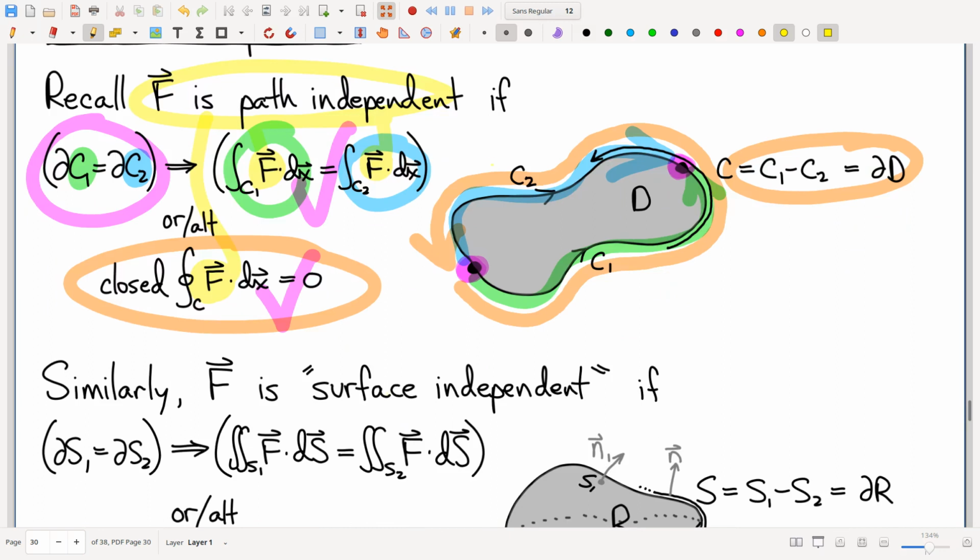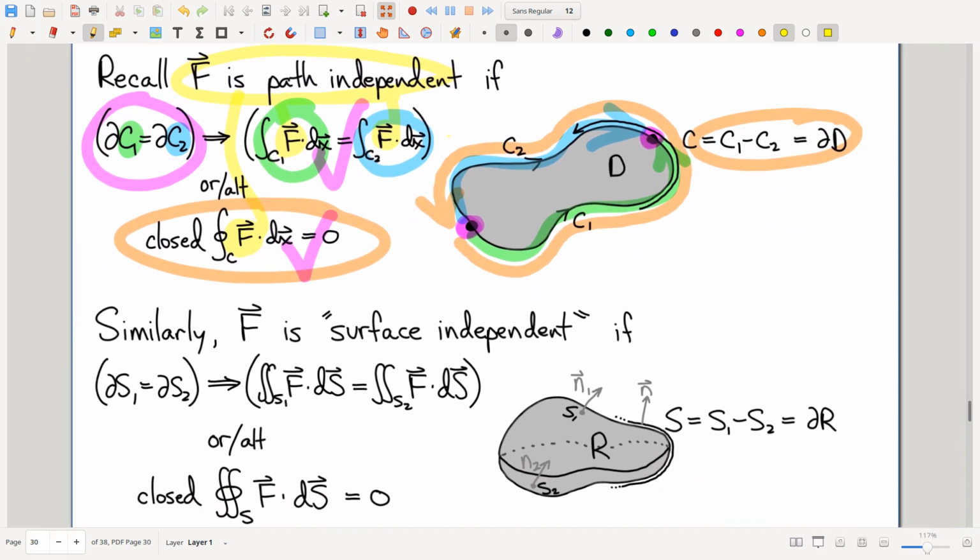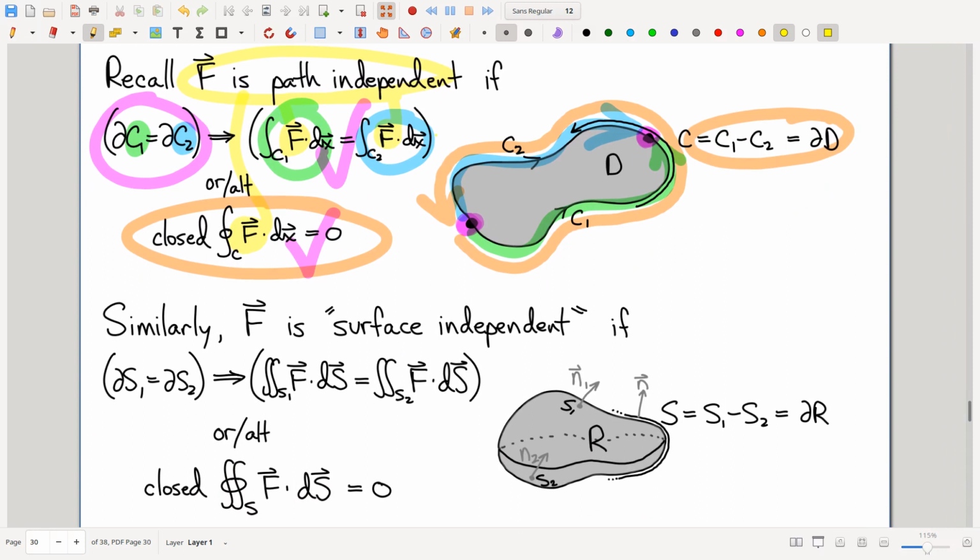Okay. So why are we talking about path independence again? Well, there is an analogous idea called surface independence, arguably more important than path independence. There's pros and cons there, but very analogous. The big difference between path independence and surface independence is the dimension. All the dimensions go up by 1.